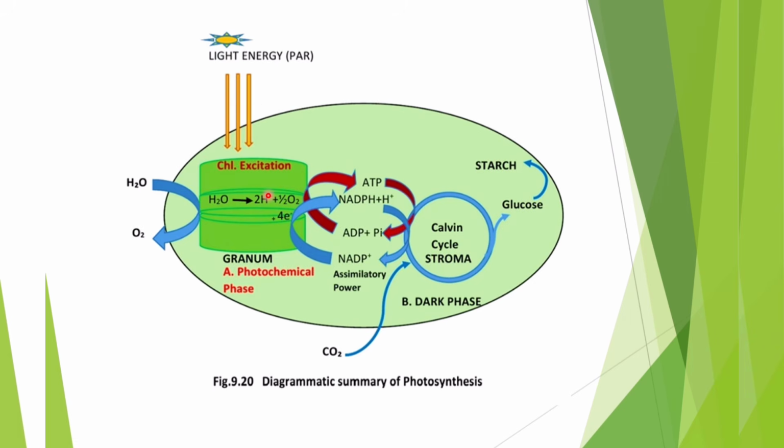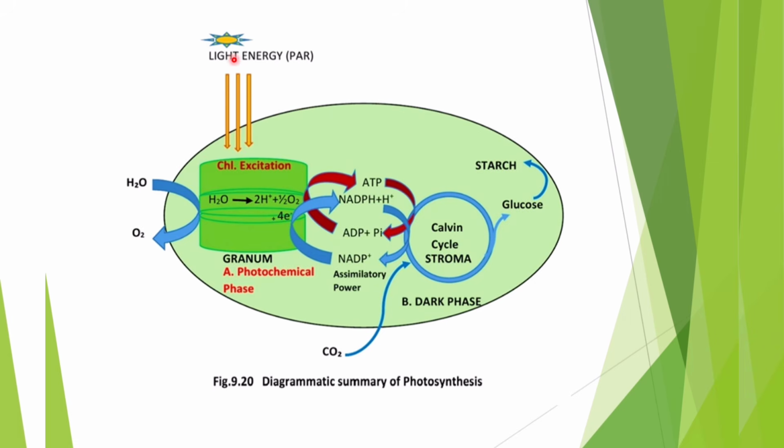And here is a role of water. The water will be oxidized. That is called the photolysis of water, the breakdown of water in presence of light within the thylakoid membranes. That will result in generation of protons, release of oxygen, and release of electrons.